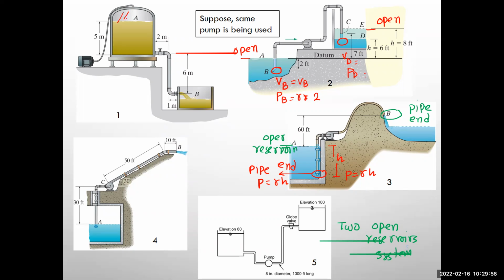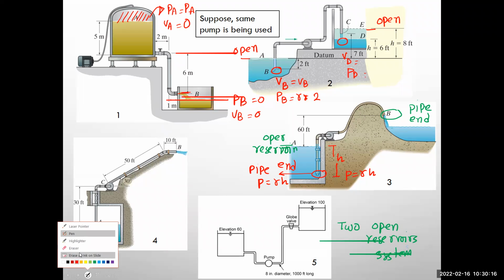Now here, A is a pressurized situation, so you have some PA, but VA is 0. At this point, if you work with this part, all the things are 0. But if you consider the pipe end, you will have a velocity, right?